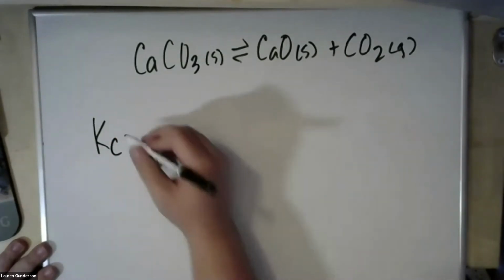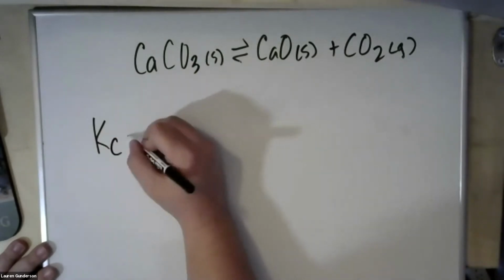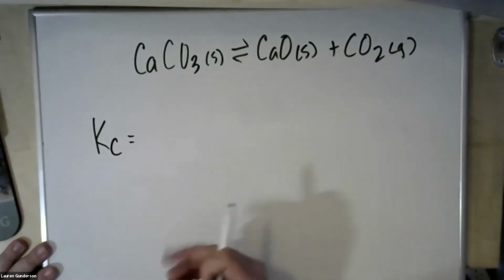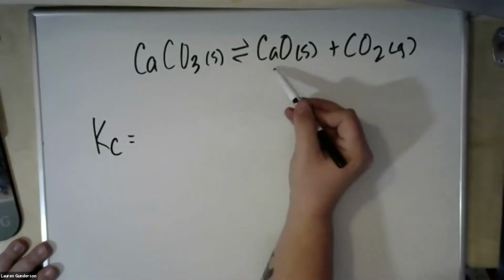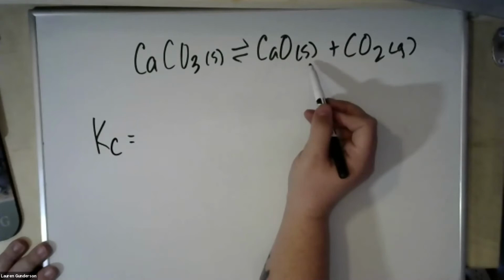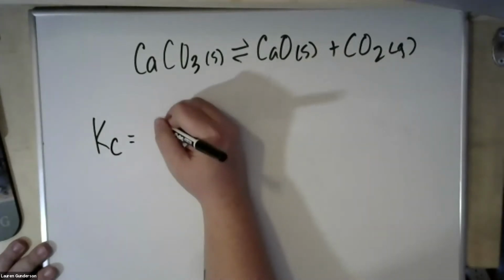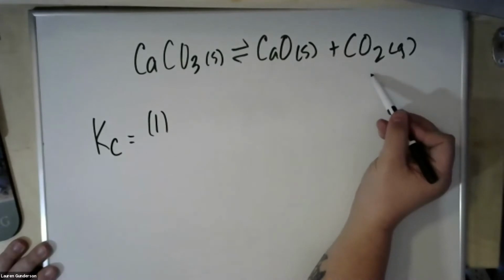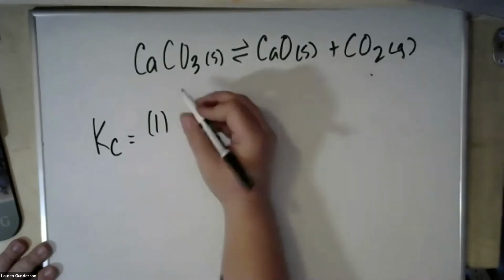Okay. So when you're asked to write an equilibrium expression for this reaction, products over the reactants raised to the coefficients, you're not going to include CaO solid. If you want, you can put 1 in as a placeholder. You still include the concentration of the CO2 gas though.